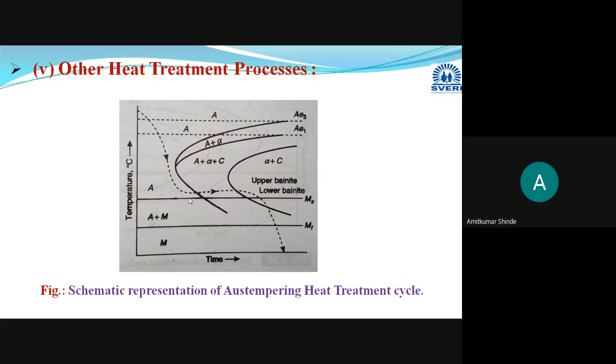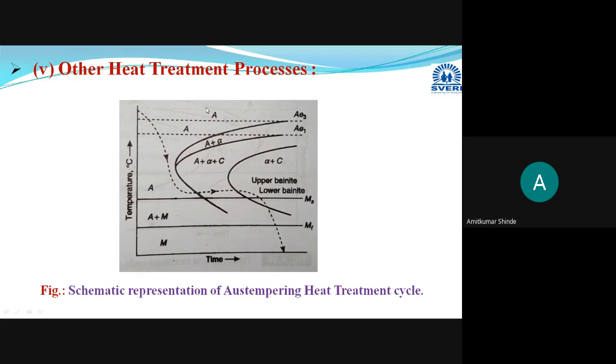Then you can go for this heat treatment process, that is tempering. It will be termed the tempering process. Or sometimes you have to remove the retained austenite. Retained austenite means that at the end of the cooling, some amount of austenite will remain as it is.